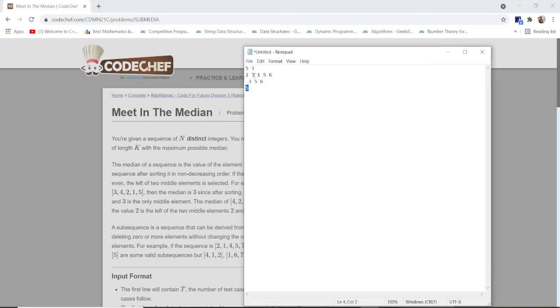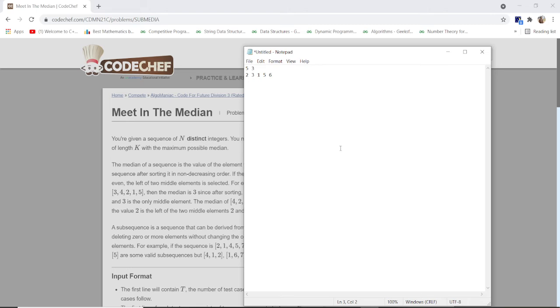If I take 2, 3, 1, what is the median here? If I sort them, it will be 1, 2, 3. So what is the median value here? 2. So it is less than 5. If you take another subsequence here, 5 will always be the maximum.